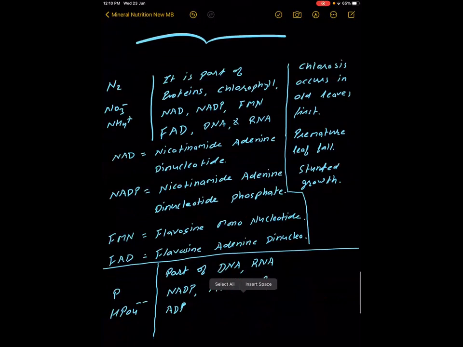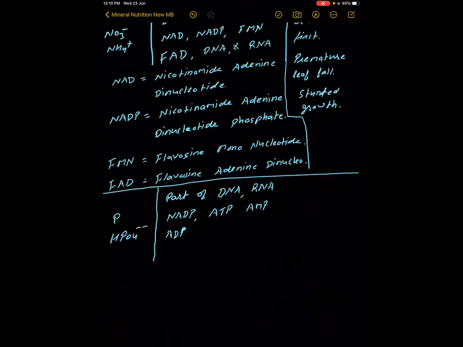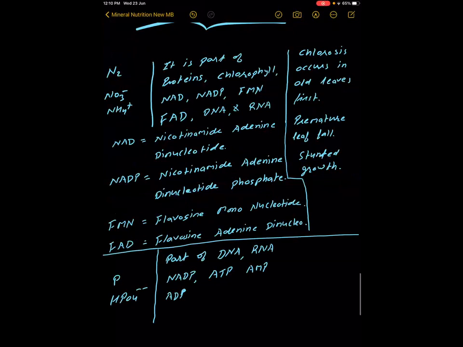So phosphorus is part of DNA, RNA, NADP, ATP, AMP, ADP. It is important in the electron transport system. During ETS in the respiration process, the first electron is donated by NADPH2. Then the electron transport system starts.